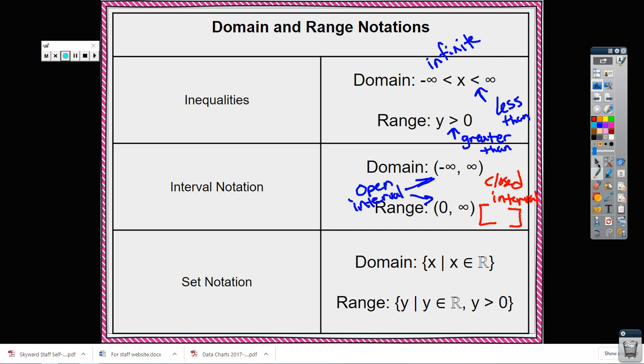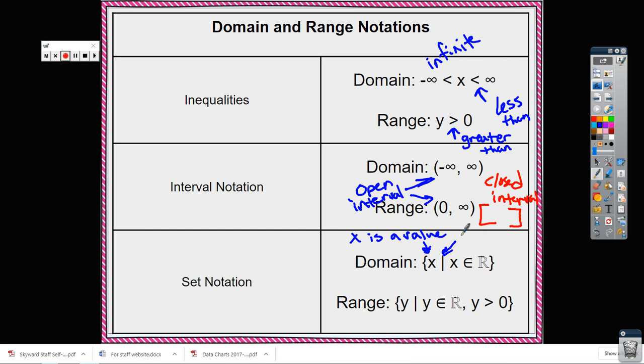Now the other part, for set notation, this is what you will see in your upper level classes, your calculus, your college courses, and things like that. So pay close attention. This part says x is a value, and this is how you have to read it.